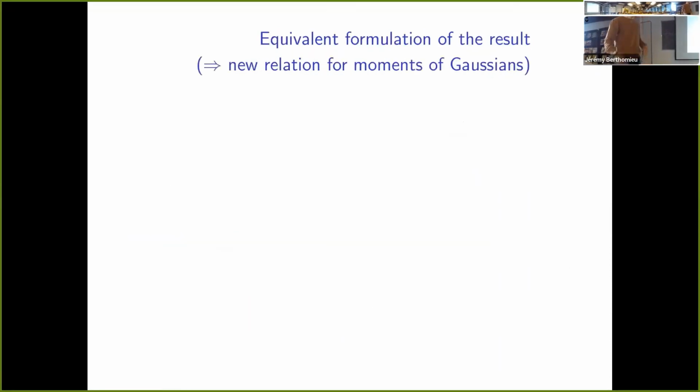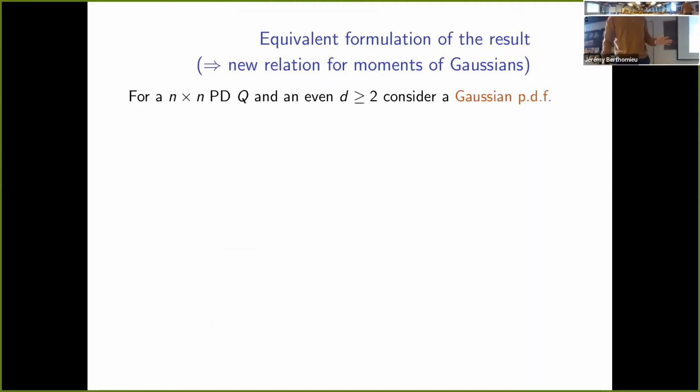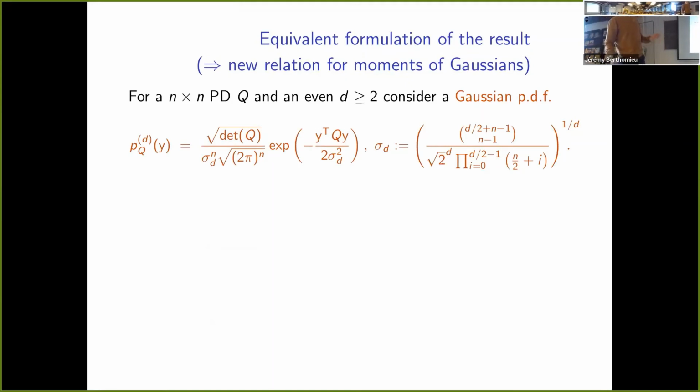An equivalent formulation of this result, if you don't like to talk about sums of squares and exponential densities corresponding to high degree polynomials, is that you can formulate it entirely in terms of Gaussians. You consider another class of densities, which are just Gaussian densities with covariance matrix Q inverse, with a certain extra covariance normalization, which is not important to state the result but just makes things nicer.